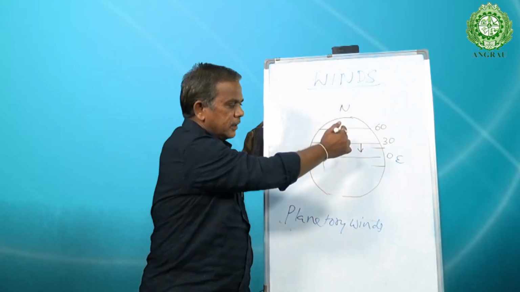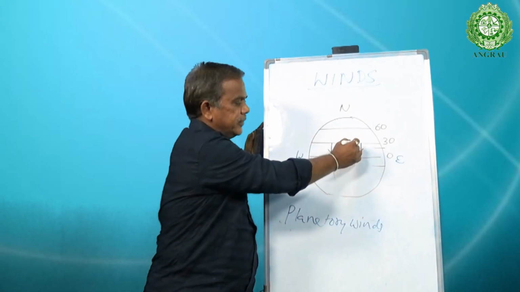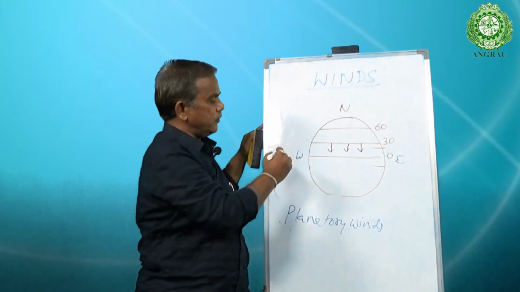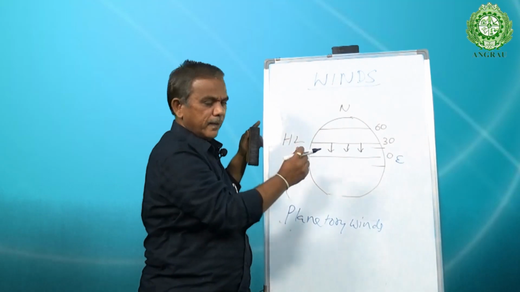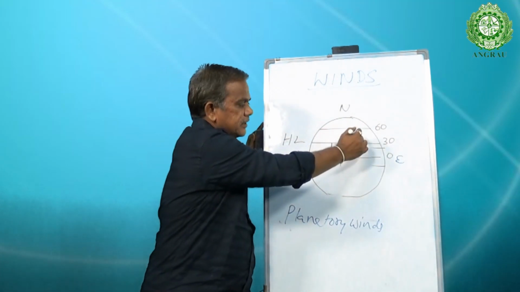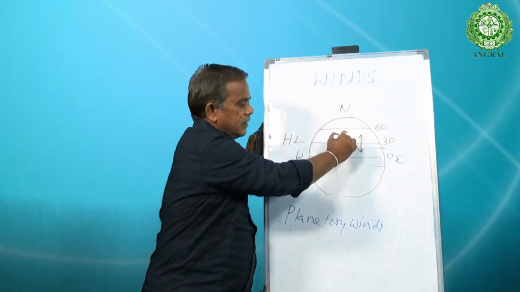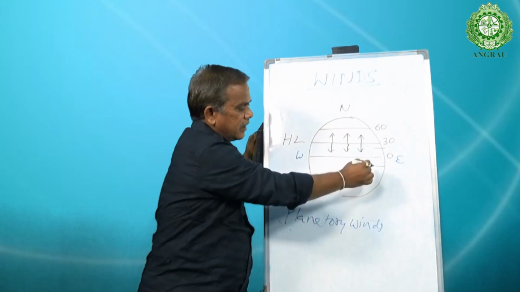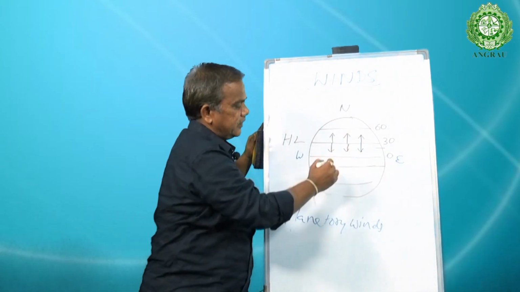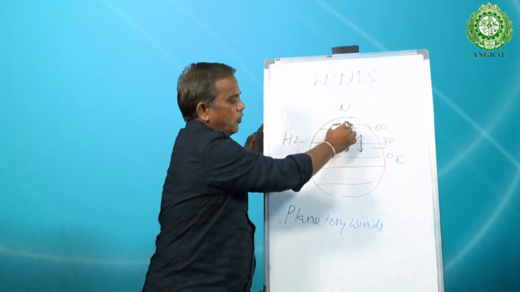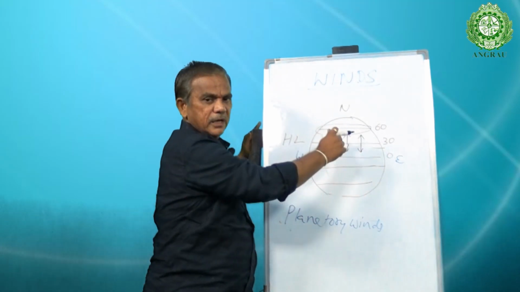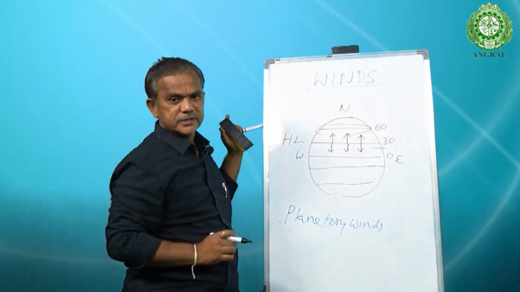This latitude is called the horse latitude. Similarly, certain parts of the winds also move to the northern or southern hemisphere, because a low pressure has been created there, and these we call anti-trade winds.